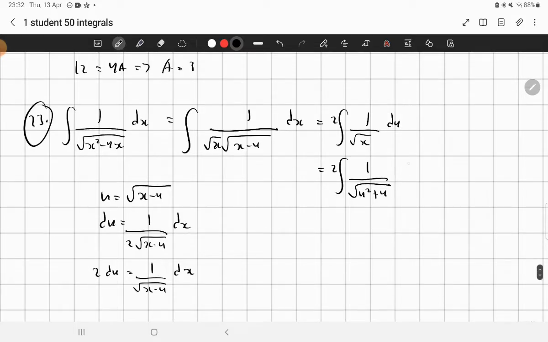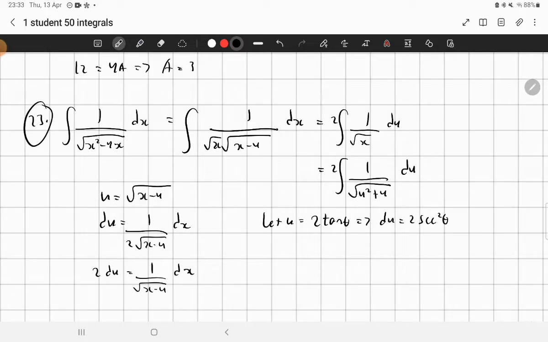Okay. And then what I'm going to do is that I believe that you recognize this particular integral, but I'm going to try to approach it by using trig substitution. So let u is equal to, I believe the appropriate one is tangent. So 2 tangent theta, the first derivative will be 2 secant squared theta.